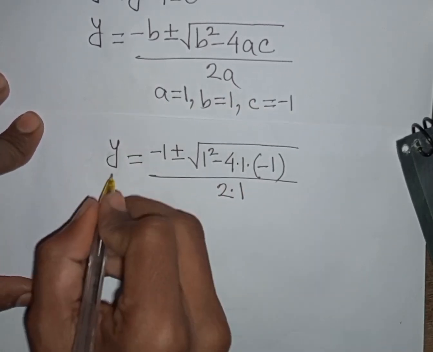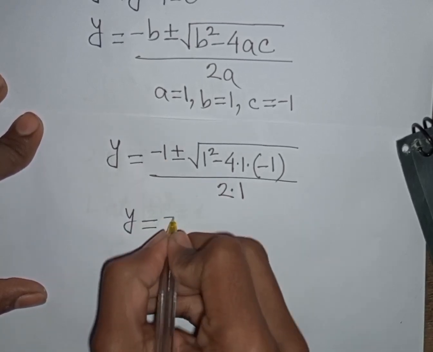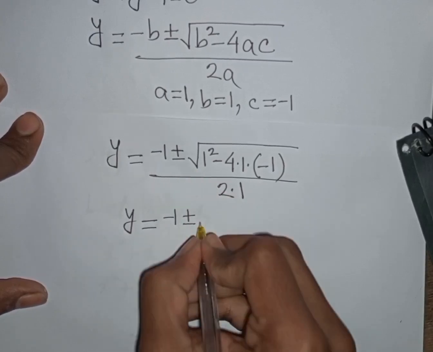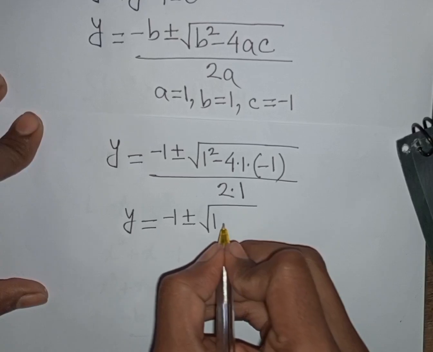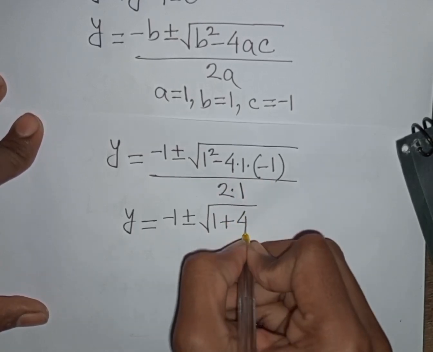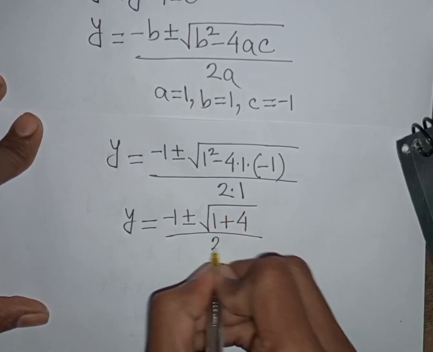Now I can write y is equal to minus 1 plus or minus square root of 1 square is 1, then minus times minus means plus, 4 times 1 times 1 is 4, divided by 2 times 1, that means 2.